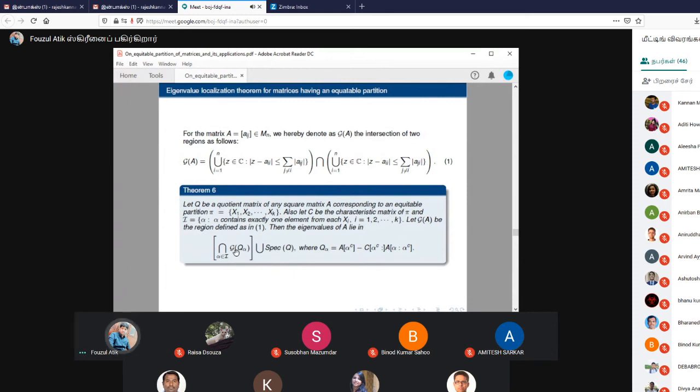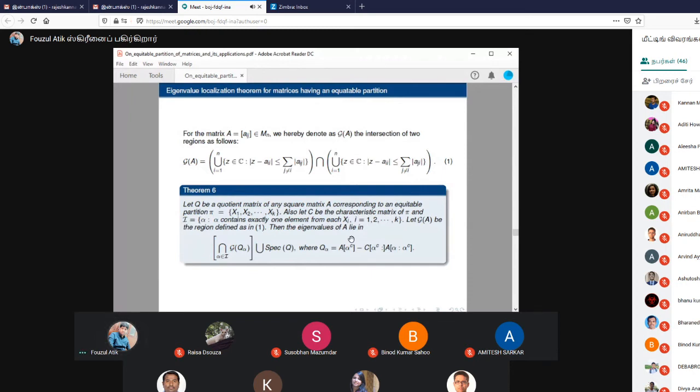In all these cases we have applied the Gershgorin theorem and got one region, and finally we have taken the intersection of all the regions. So the eigenvalues of the matrix A which are not the eigenvalues of the matrix Q lie within that region. By applying this technique we have found this region. Is the concept clear to us?